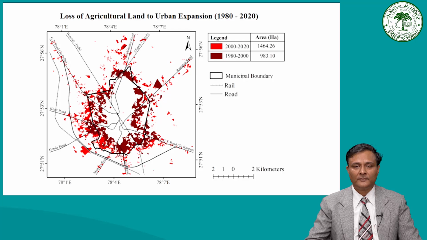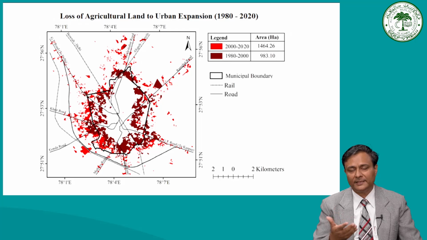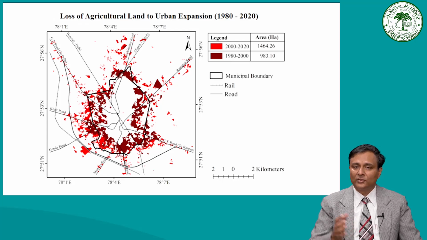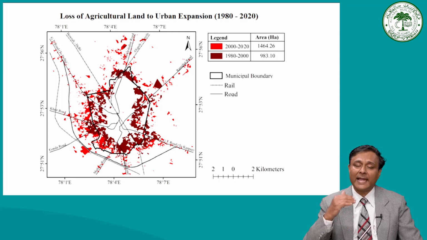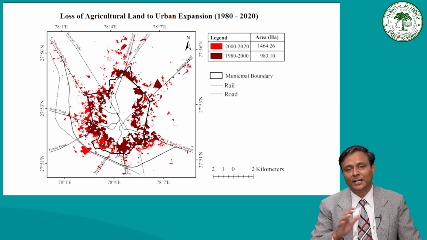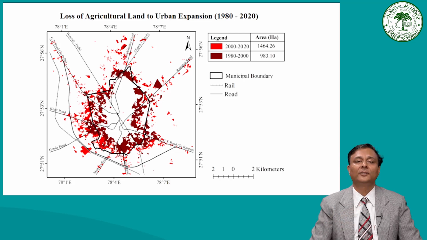Then another is, you see, when we are saying that built up area is increasing in the city, at what cost is it? It is happening on which land use class? Obviously the surrounding area, in this case, is only the agricultural land. So another aggregation and reclassification gives me a newer insight, where I get the information on how much agricultural land we have lost due to the urban expansion during the study period of 1980 to 2020.